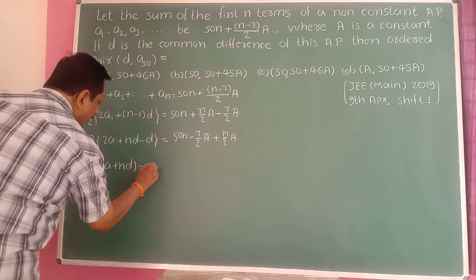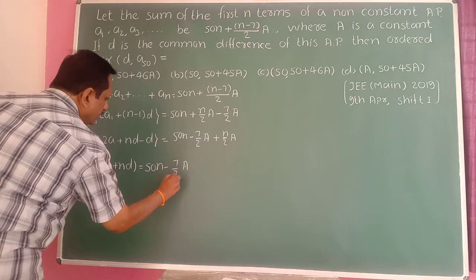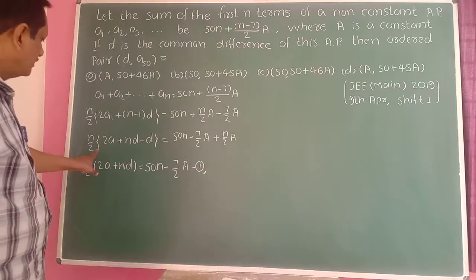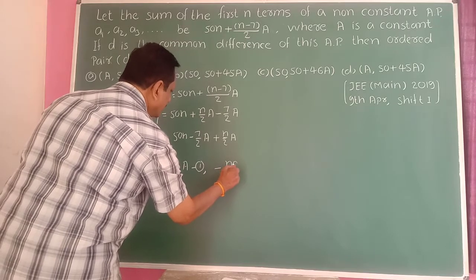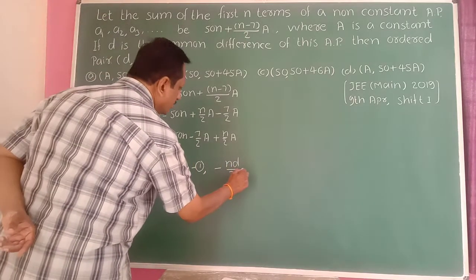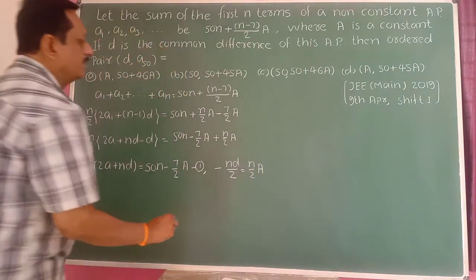Here minus 7 divided by 2 into a. Take this one as equation number 1 here. Then this into minus d here. So minus n into d divided by 2a. So this is equal to n divided by 2a.